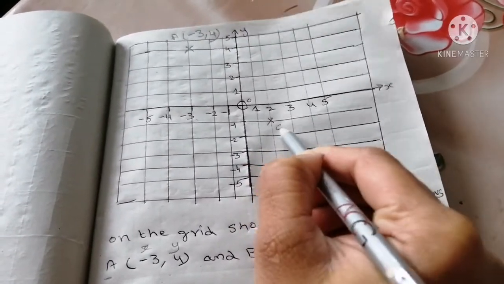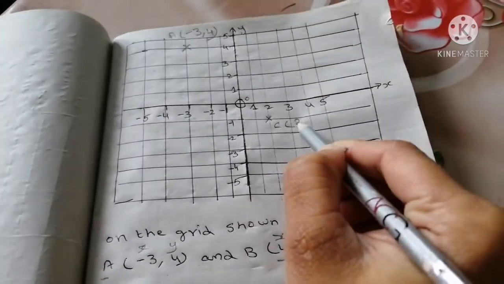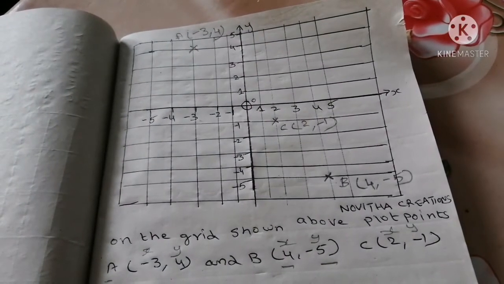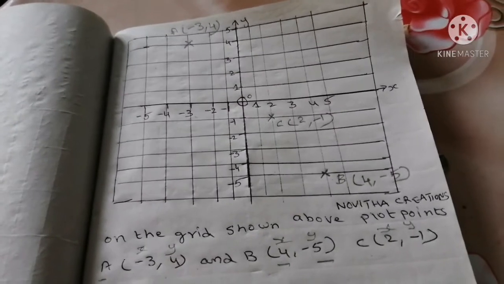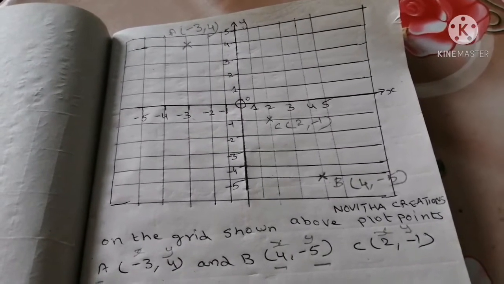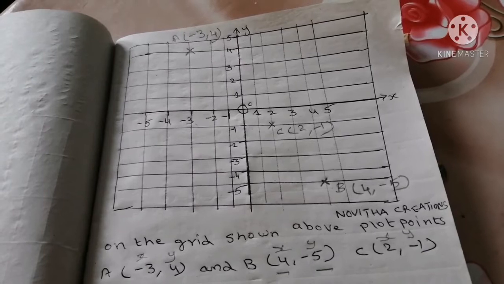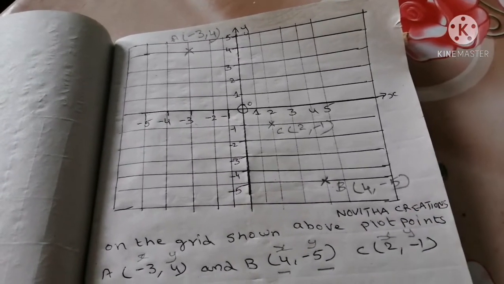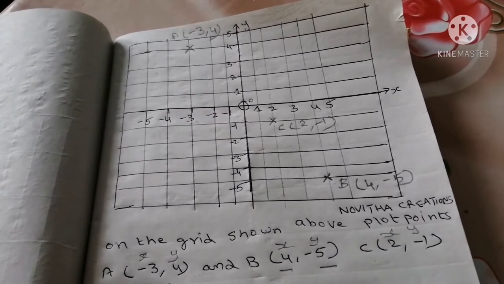So we need to plot like this, and we need to write like this. In this question they asked only that you need to plot the points on the graph which they have given as coordinates.